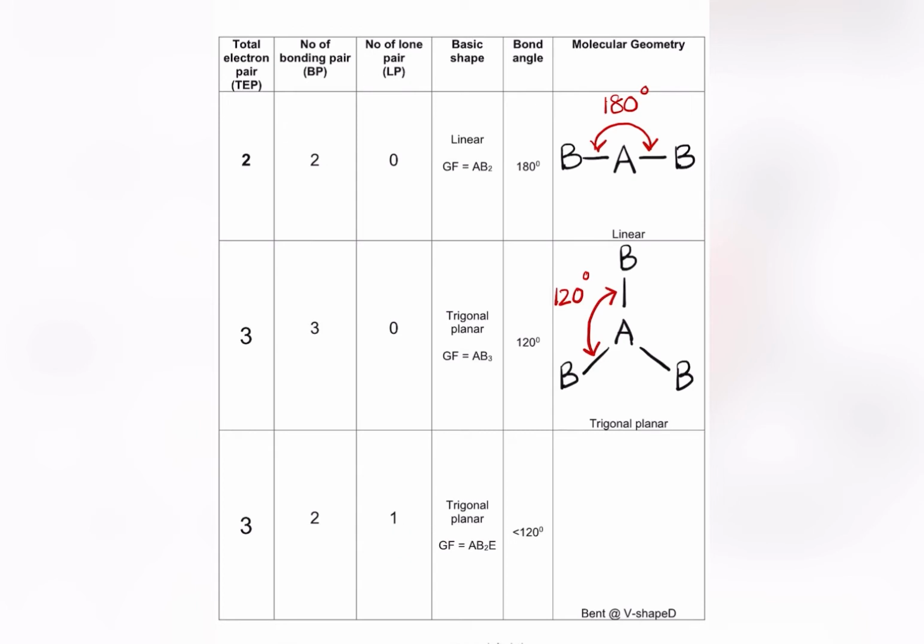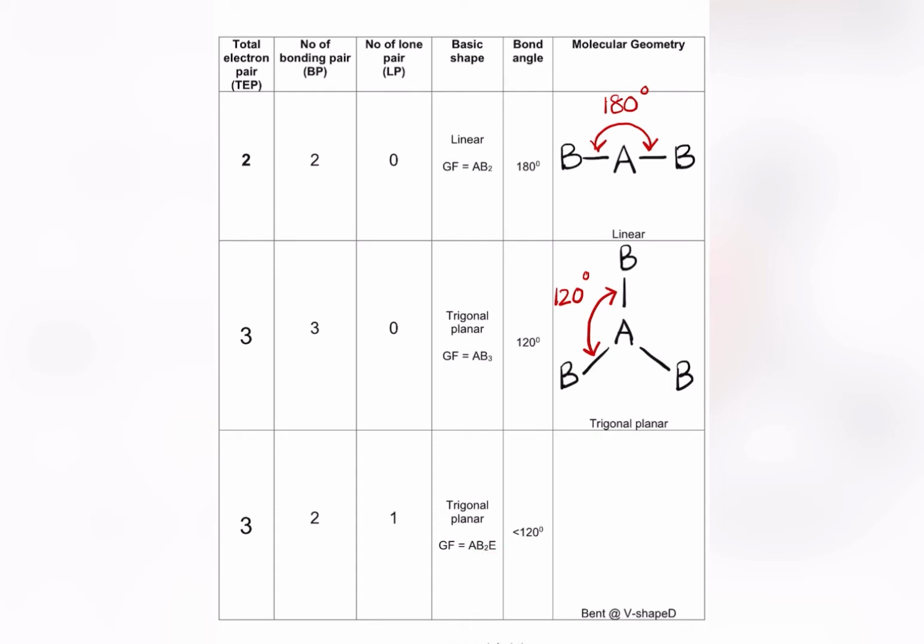That lone pair akan menolak bonding pair. So that's why the structure for that molecule bukan lagi trigonal planar, tapi dia akan jadi bentuk lain. So we go for the general formula first. Kita masih ada central iaitu A. Kita ada 2 bonding pair B dan E mewakili 1 lone pair. Dan what will happen now?